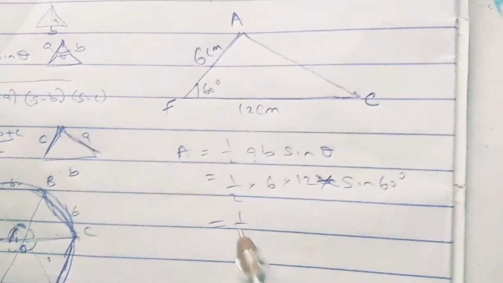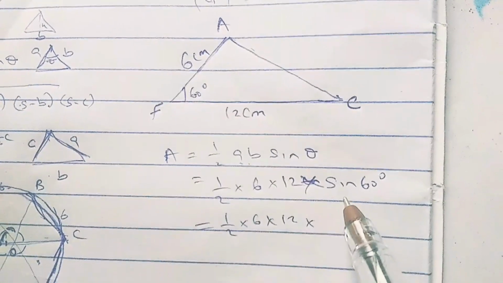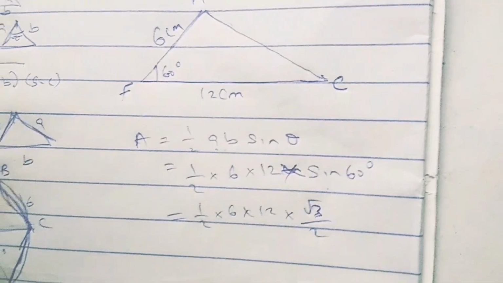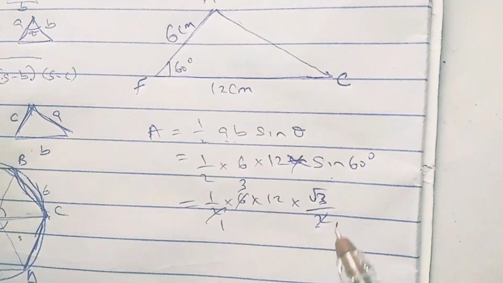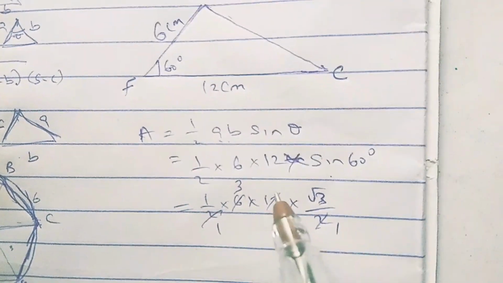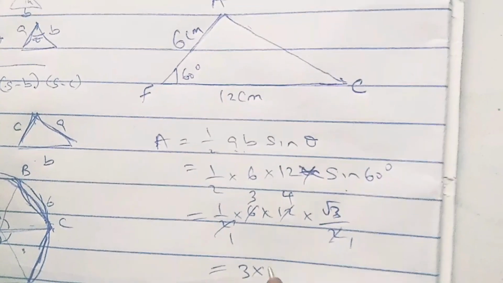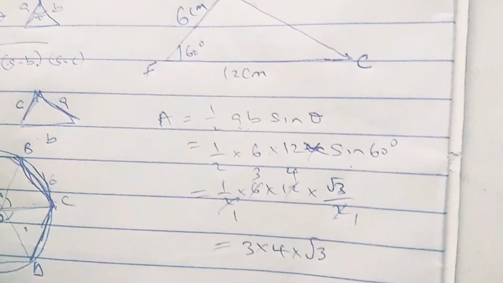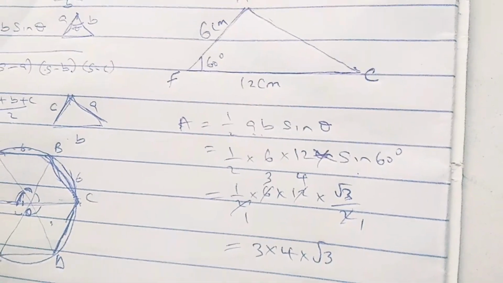So this is half times 6 times 12 times sine 60 degrees, which is root 3 over 2. So what we just do is that 2 here 1, 2 here 3, 2 here 1, 2 here 4. So that is now going to give us 3 times 4 times root 3. So this is going to give us 12 root 3. So this will be our answer.